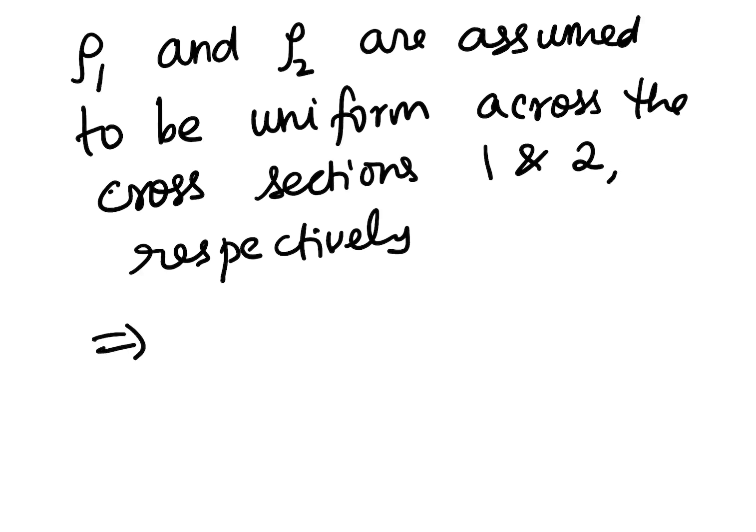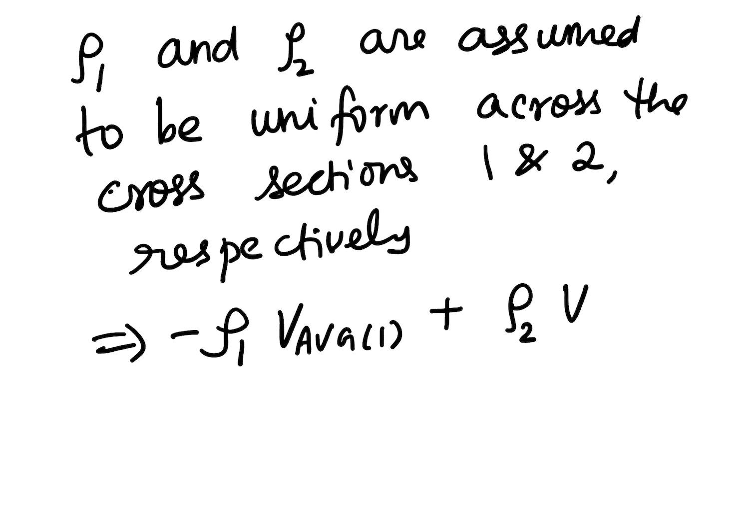That implies that I can write it as minus rho 1 times the average velocity at section 1 plus rho 2 times the average velocity at section 2 is 0. Now why the minus sign?